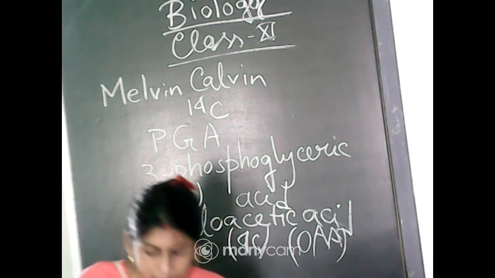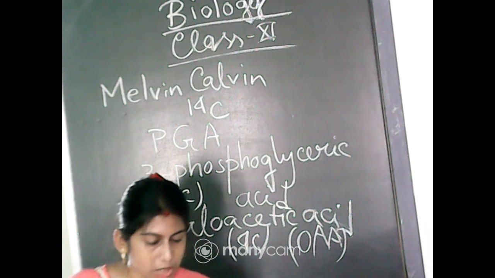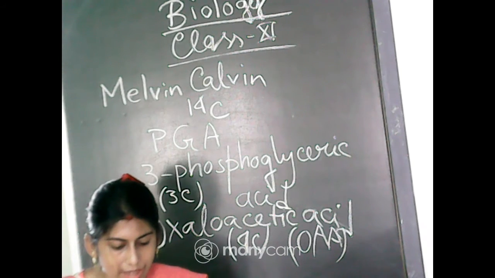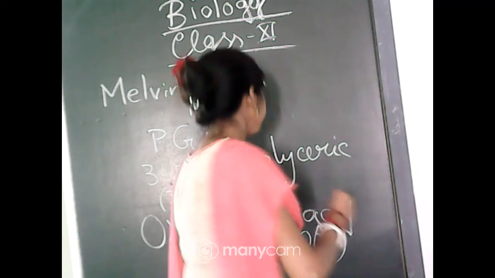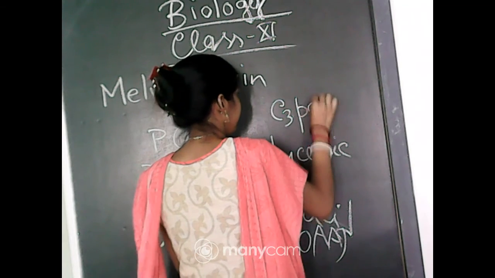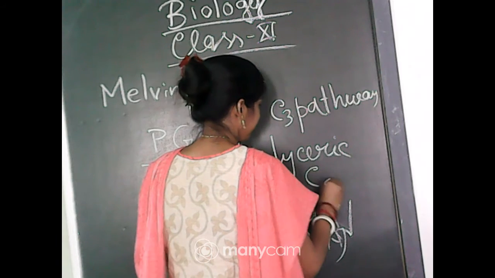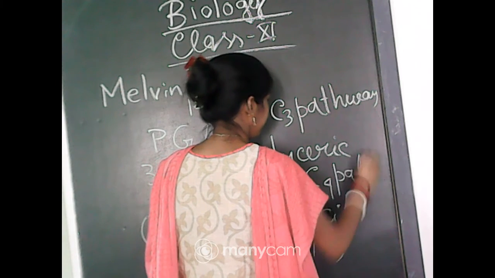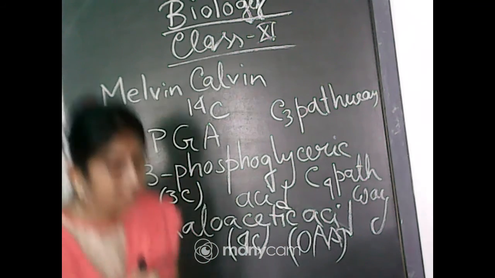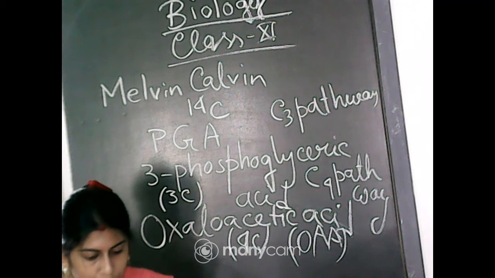Okay, and on the basis of that, plants can be divided into 2 types. What are they? C3 pathway and C4 pathway. Which one will be considered as C3 and which as C4?